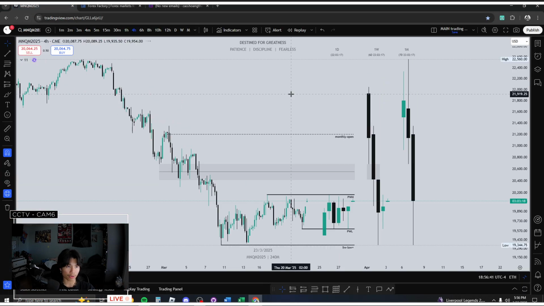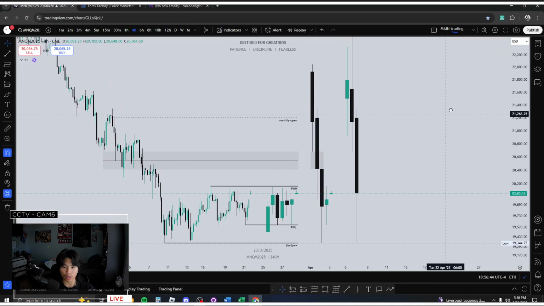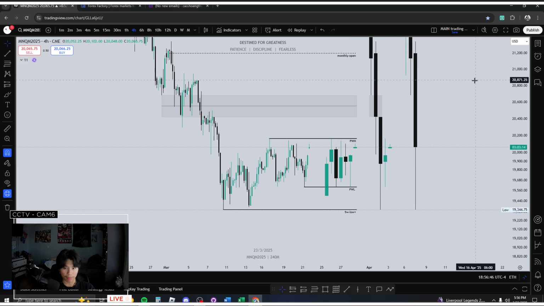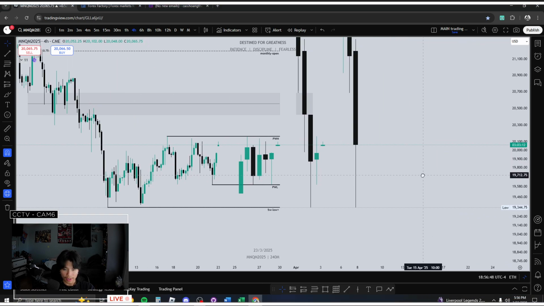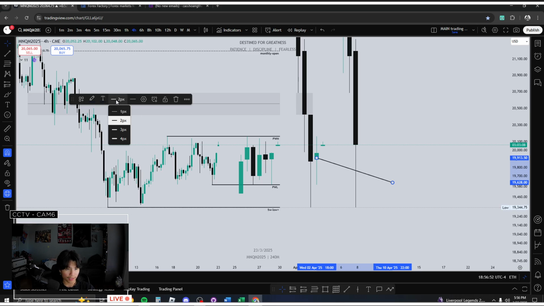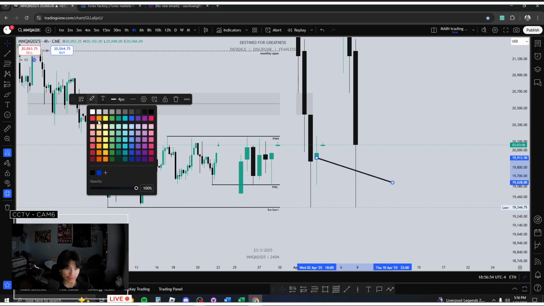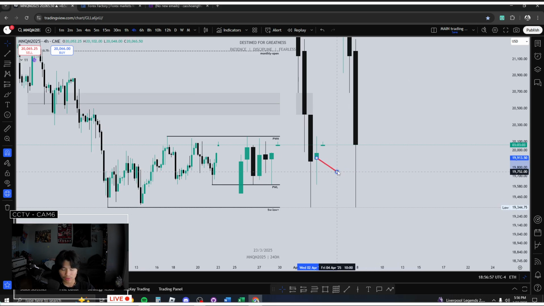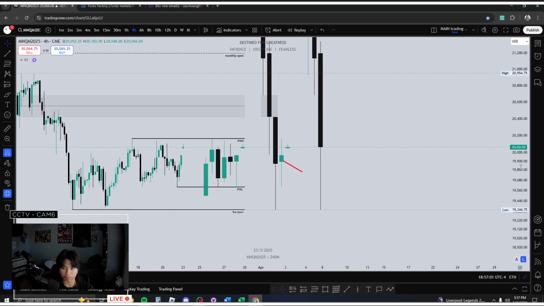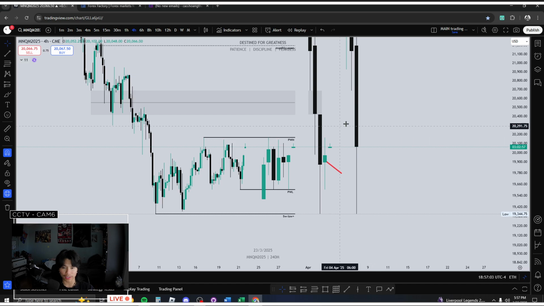But going into the actual charts, technical wise, this is what I have in mind. This is the candle of the previous week. It's pretty unclear. It doesn't really favor a direction, with the way that we closed last week.